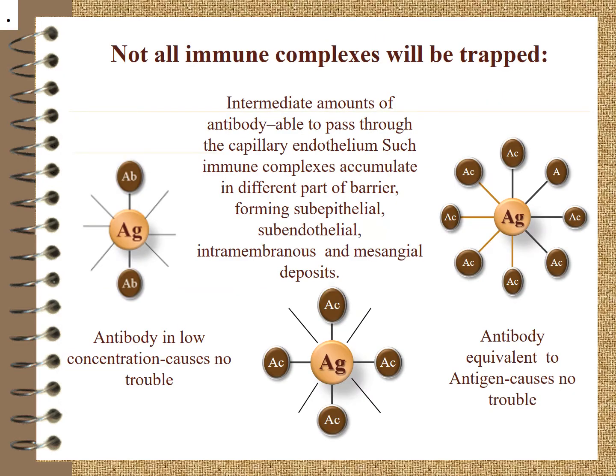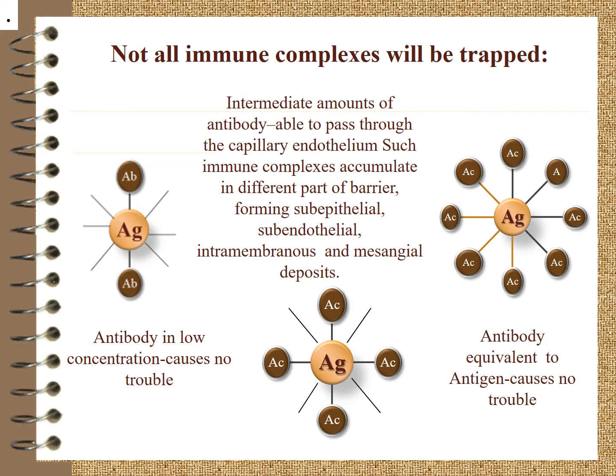Glomerulonephritis arises sometime after the onset of the initiating disease, and an immune reaction has been provoked. Basically, the glomerular damage is due to the trapping of antigen-antibody complexes in the glomerular capillary network. Not all immune complexes will be trapped.